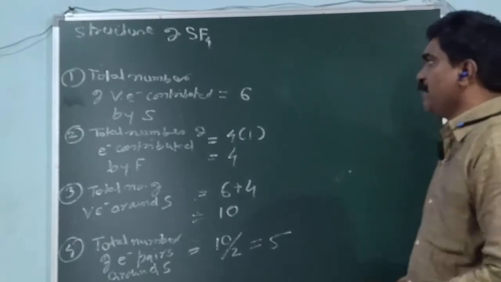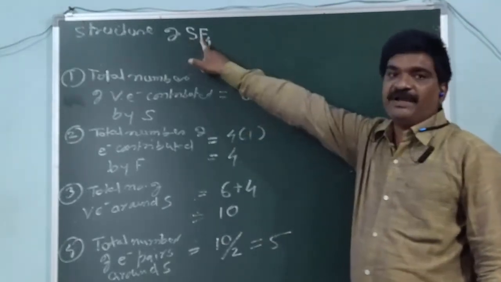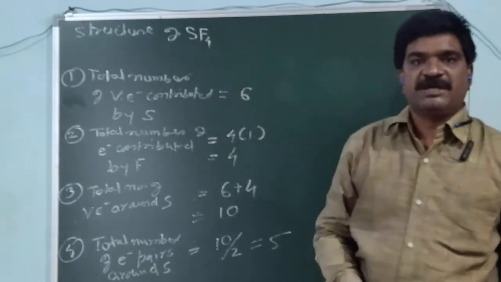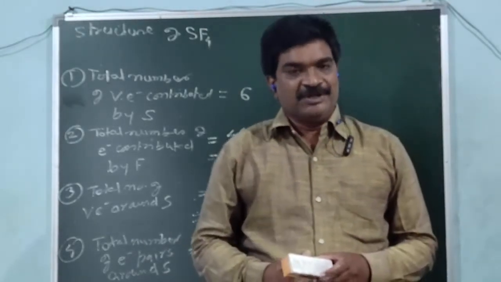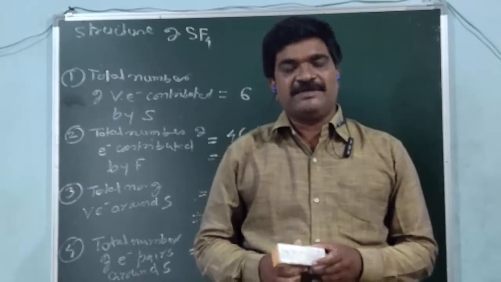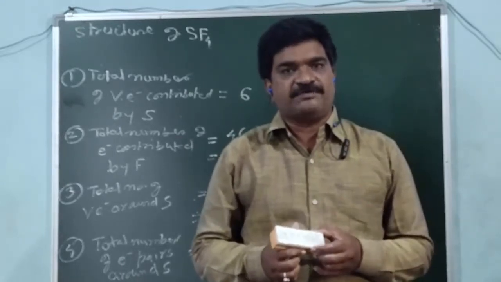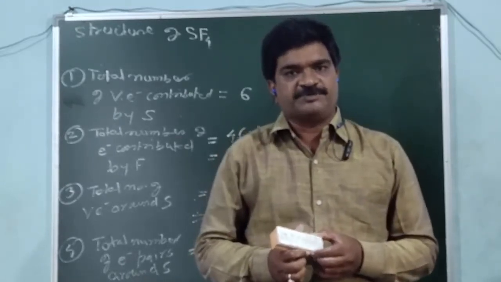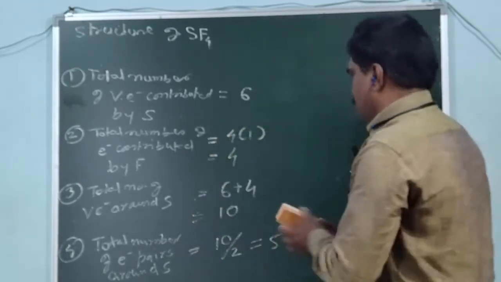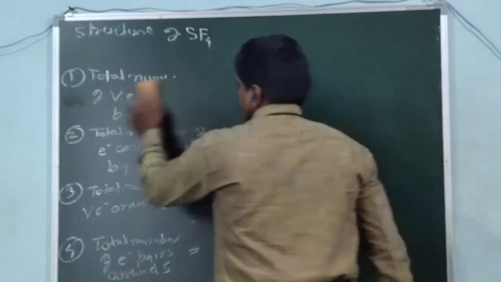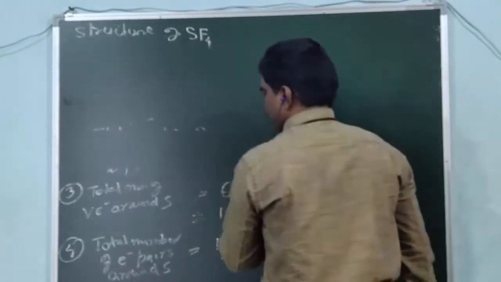Now again here, the sulfur atom in SF4 is surrounded by 5 electron pairs. So since there are 5 electron pairs around the sulfur, the parent geometry we expect should be trigonal bipyramidal.